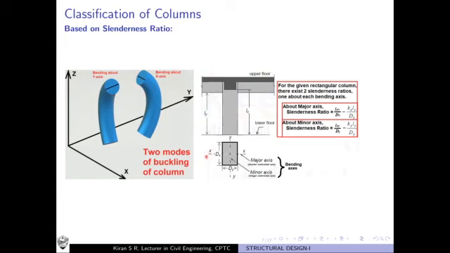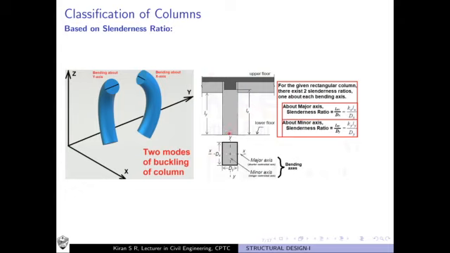If the column is bending about the xx axis, what is the unsupported length? The unsupported length is shown here as Lx.